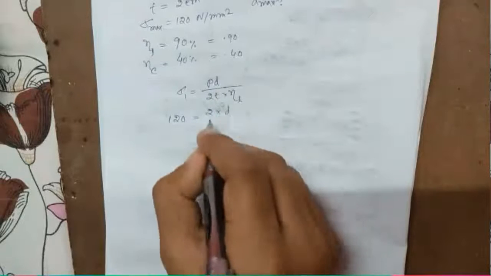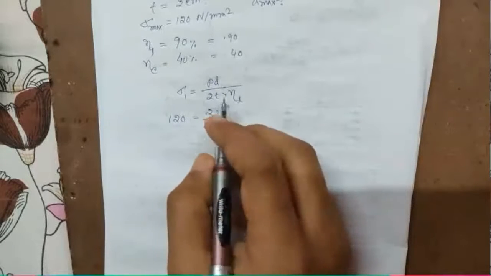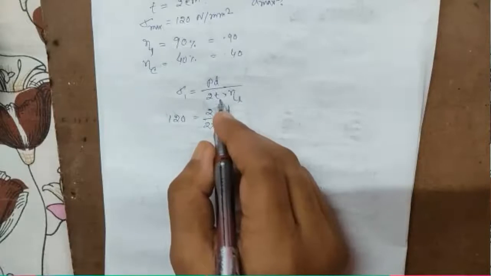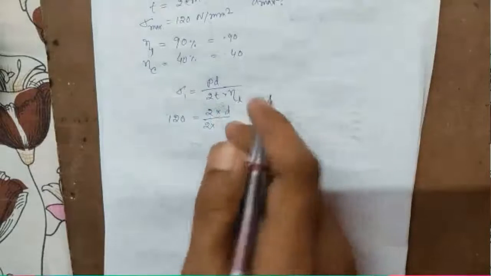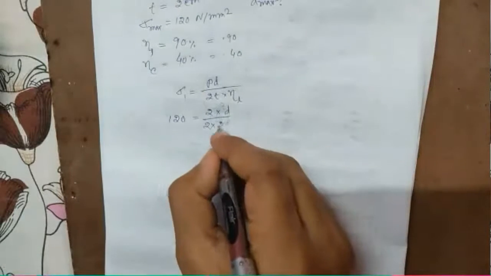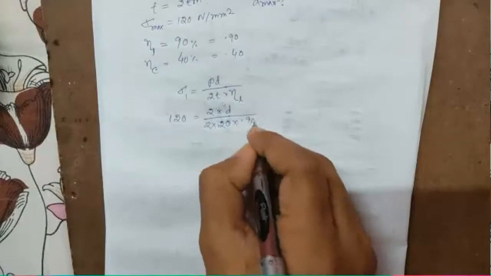This is also given, 120 Newton per millimeter square. So D we will keep in millimeter, 2 by eta L is 0.9 and T is given 2 centimeter. 2 centimeter means you have to convert it into millimeter, so you write here 20 into eta L is 0.90.